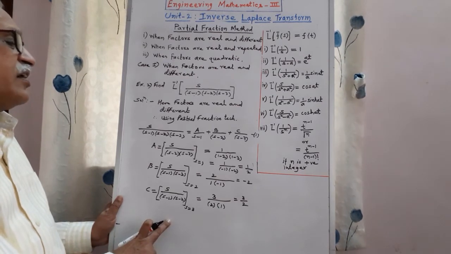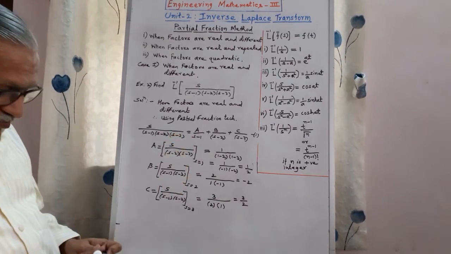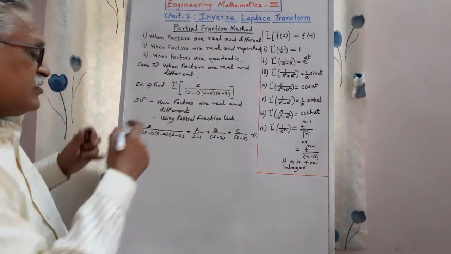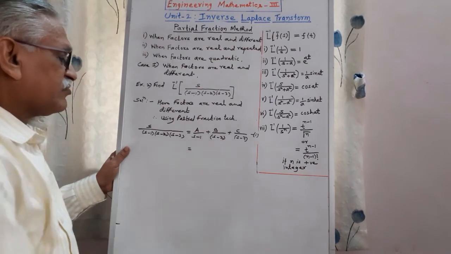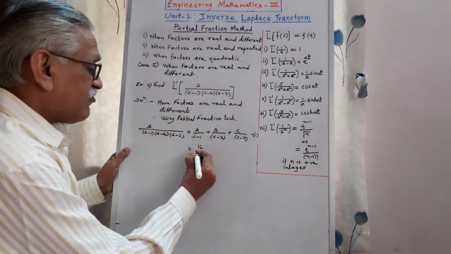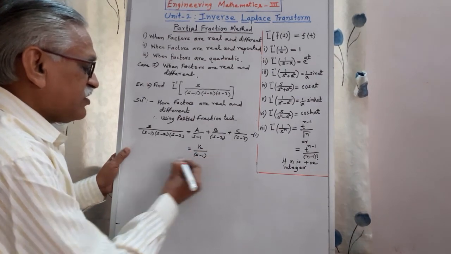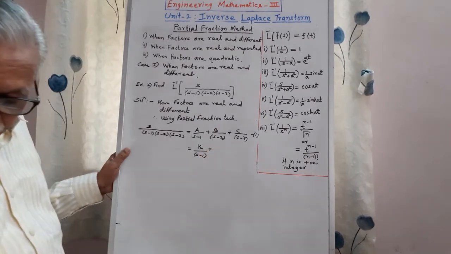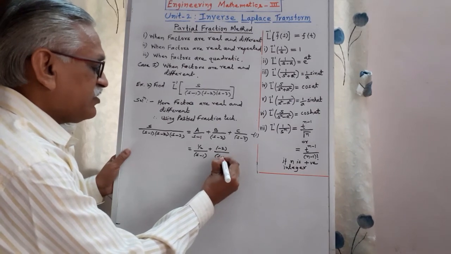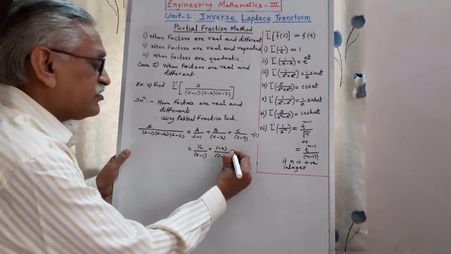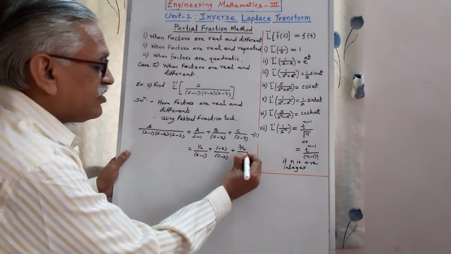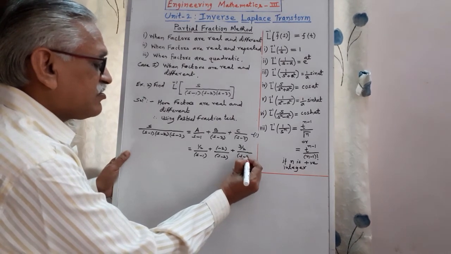Substituting these values in equation 1, equation 1 becomes A is 1 by 2 divided by s minus 1, B is minus 2 upon s minus 2, and C is 3 by 2 divided by s minus 3.